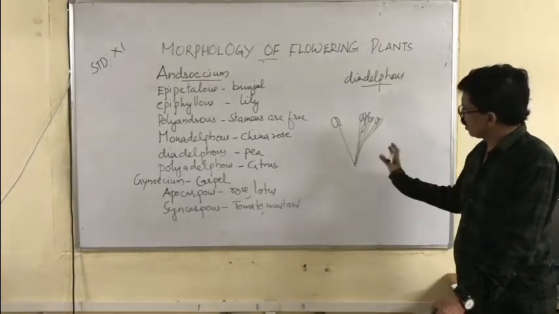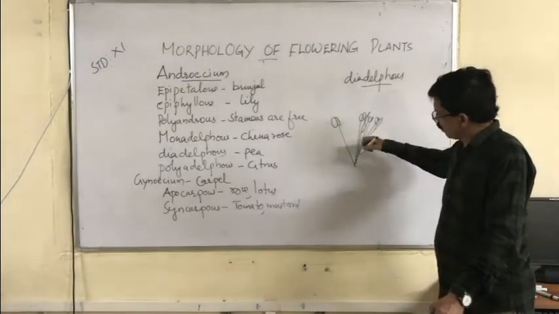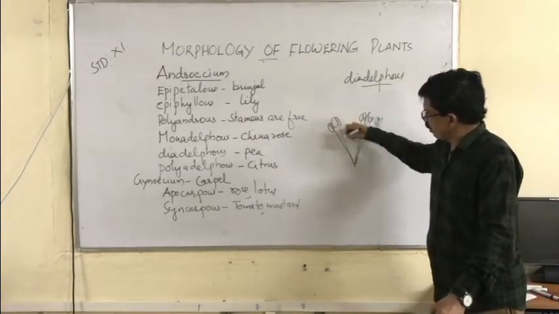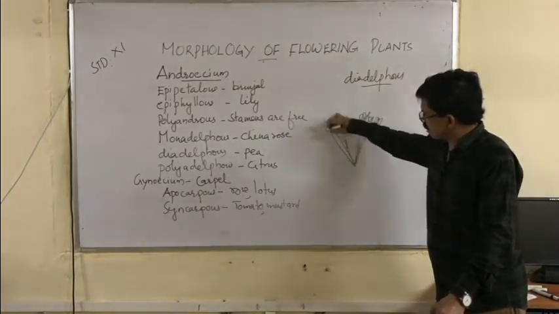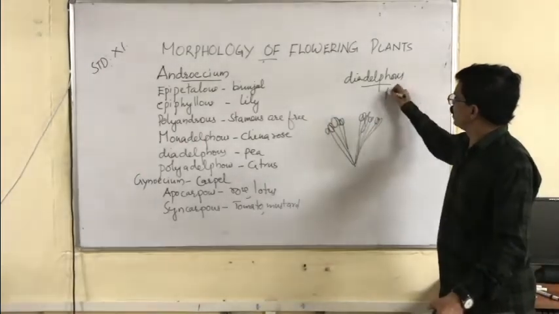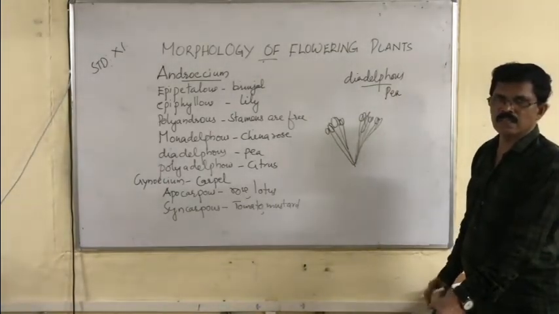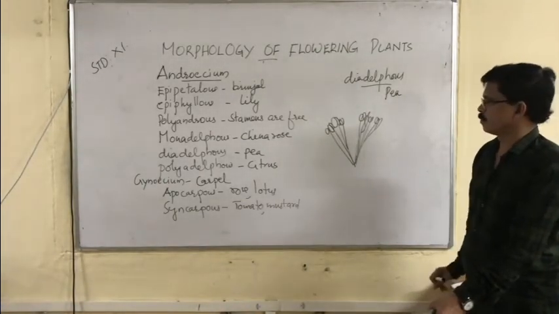Anyhow, the stamens are seen in two bundles, and that is called diadelphous. You can see it in the pea plant.